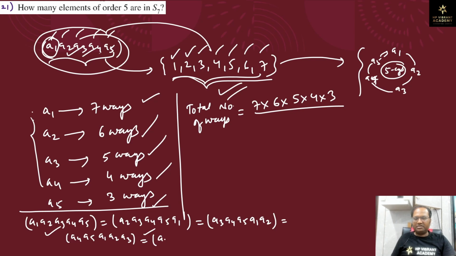A5 से start करेंगे तो A5 A1 A2 A3 A4. तो ये जो 5 elements हैं, ये सारे same हैं.